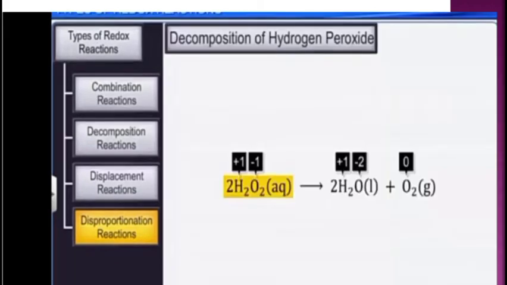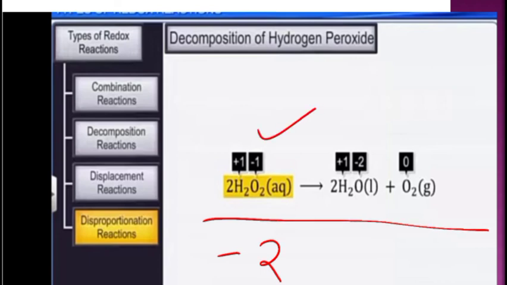Okay, we'll see an example, then it will be clear. We'll take hydrogen peroxide. We have seen an exceptional case in oxygen: oxygen always shows -2 except in peroxides. Here you can see oxygen's oxidation state is -1 and hydrogen is +1.